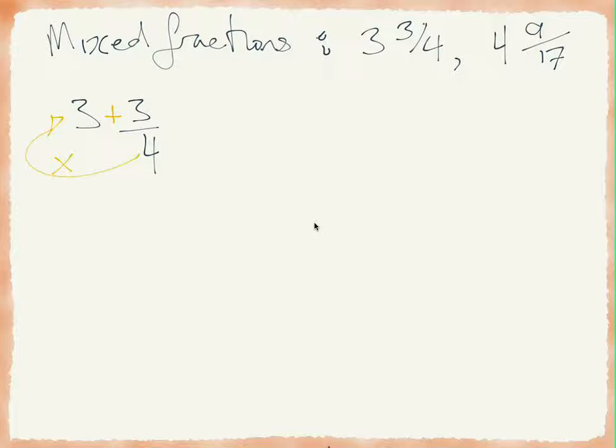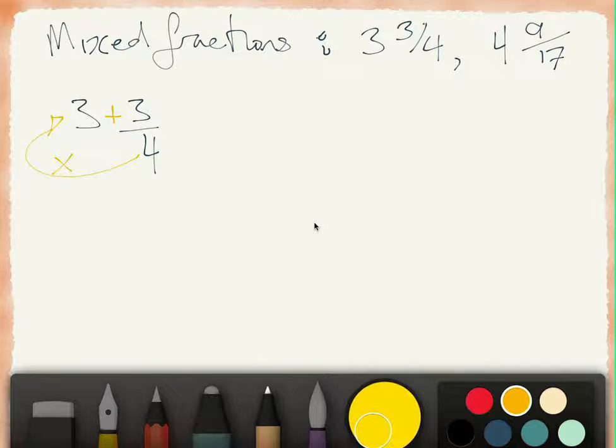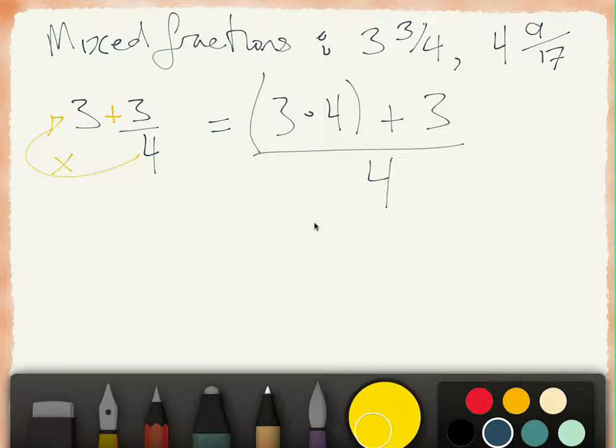So we end up with essentially 3 times 4 plus 3 all over 4. And this will give us 12 plus 3, so 15 over 4.